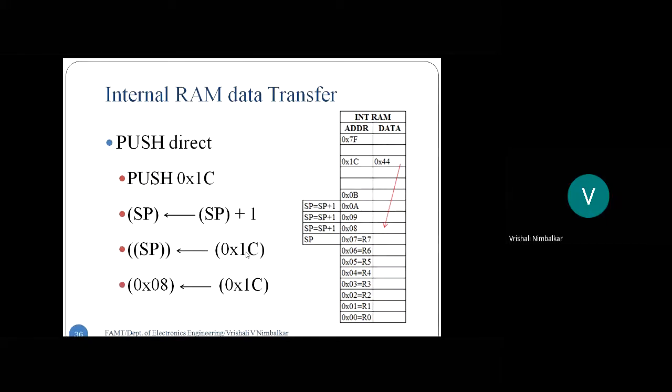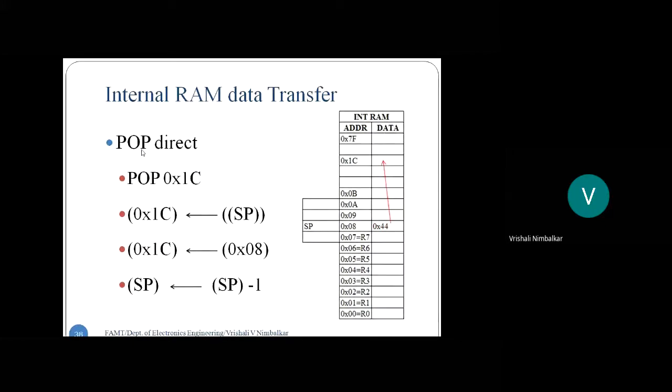Okay. And then we looked into pop. Pop is reading the data from stack. So the source is known. Read the data from stack. So the source is the stack memory. And then in the instruction, you give the destination address. Read from stack and store where. So in the pop instruction, you mention the destination address.